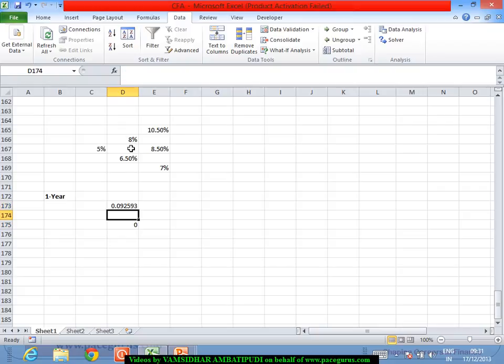Now from these two I can find out the expected payoff, wherein I am taking a 50% chance of going up and a 50% chance of going down, working out to the expected payoff being this number.